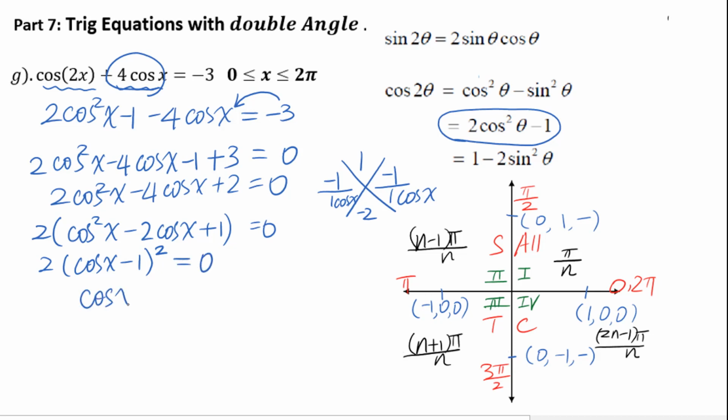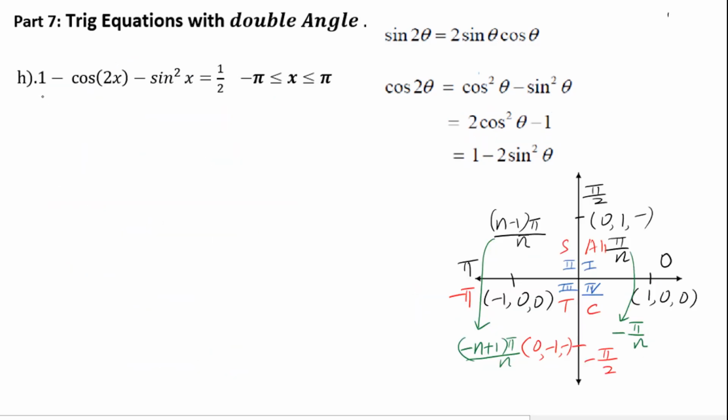So cosine x plus 1 equal to 0, cosine x equal to negative 1. Check this diagram. You will get this. So your answer will be x equal to pi.